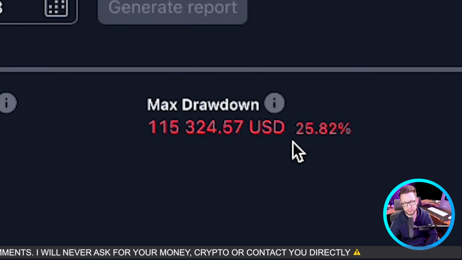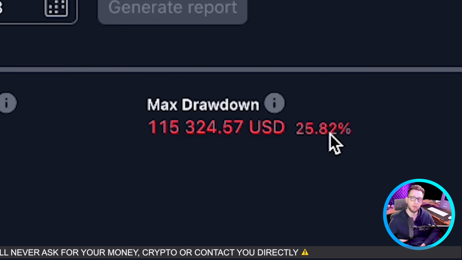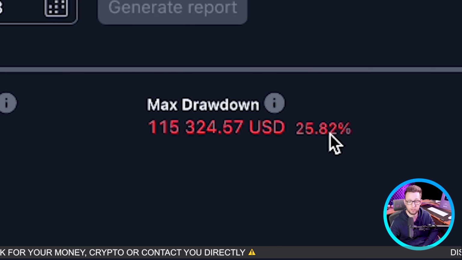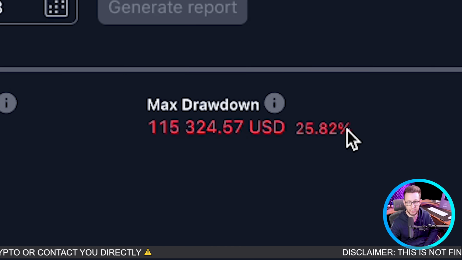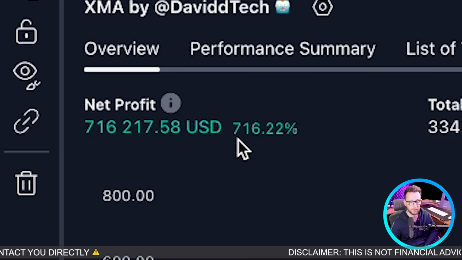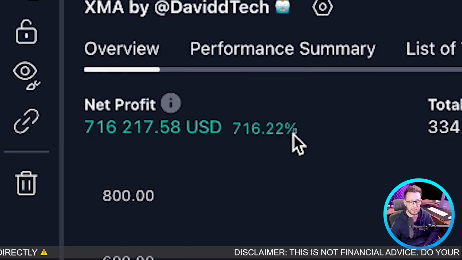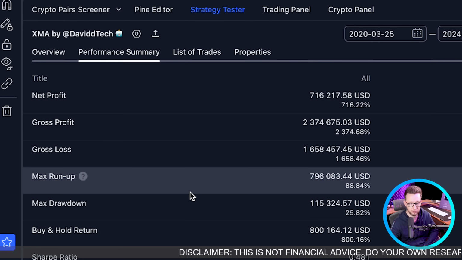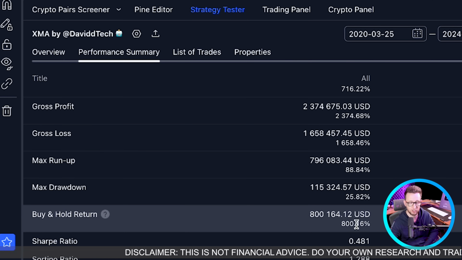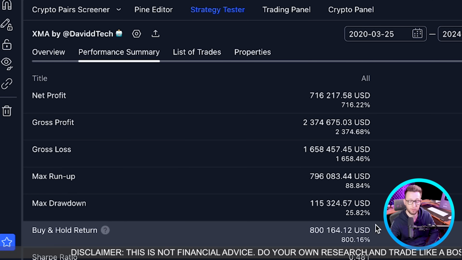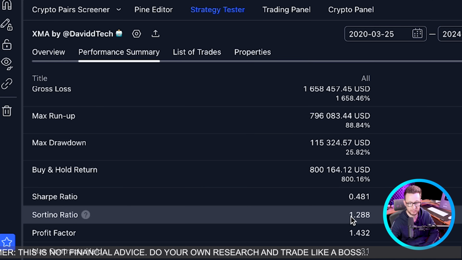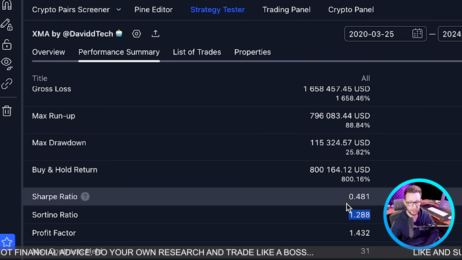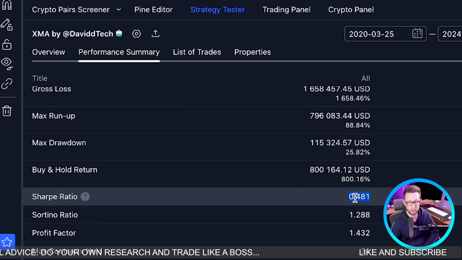We have a max drawdown of 25%, and you have to remember I'm using 10x leverage on these strategies, so you can easily decrease that by using less leverage. We have a net profit of 716% when you go over to the buy and hold, which is 800%. We didn't smash it, but we weren't very far from it in the slightest. Our Sortino ratio is 1.2 and our Sharpe ratio is 0.48.